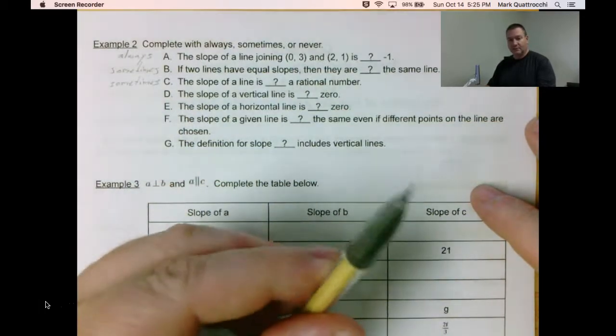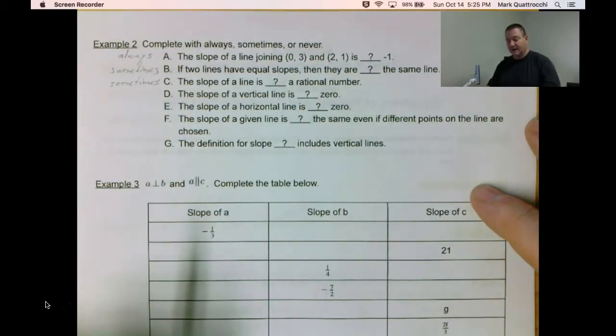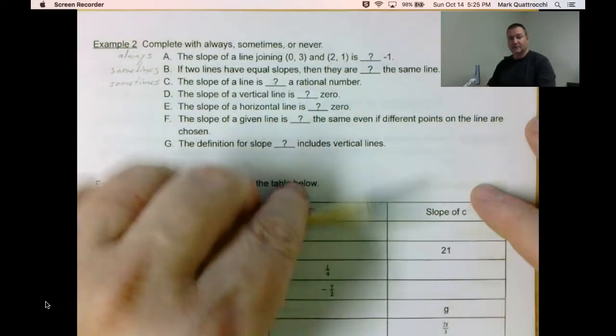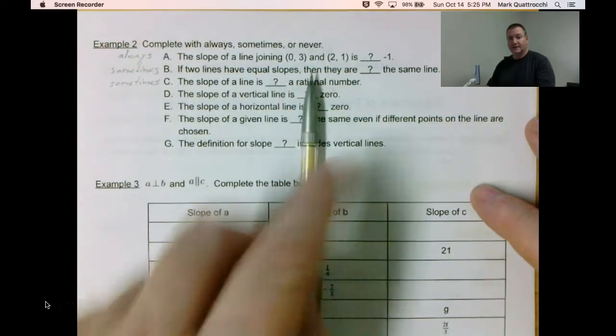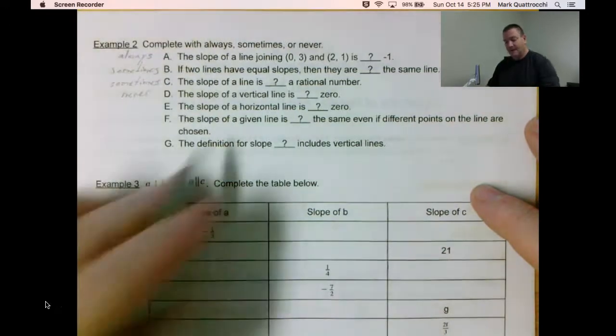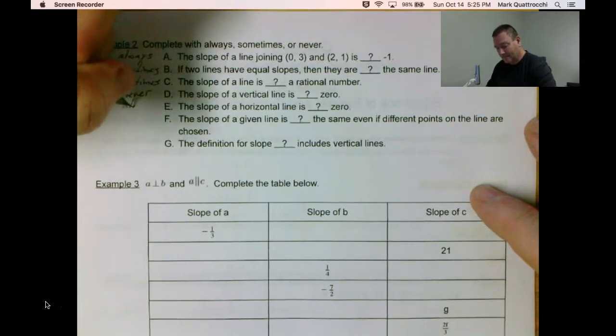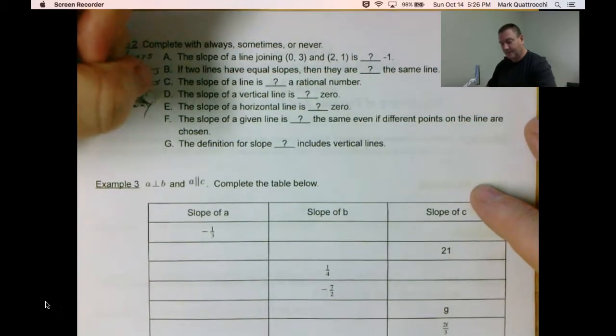So vertical, straight up and down, and the slope of a vertical line is not 0. The slope of a horizontal line is 0. The slope of a vertical line is undefined. So never. And the slope of a horizontal line is always 0.